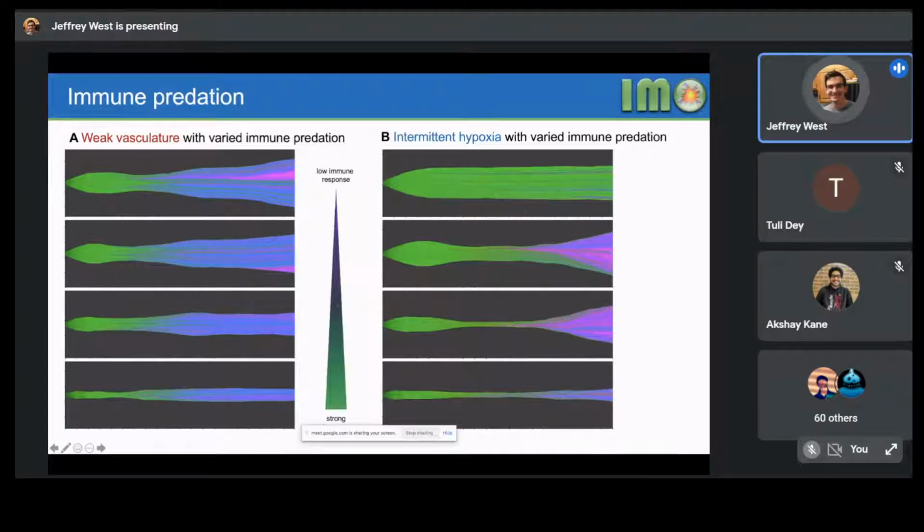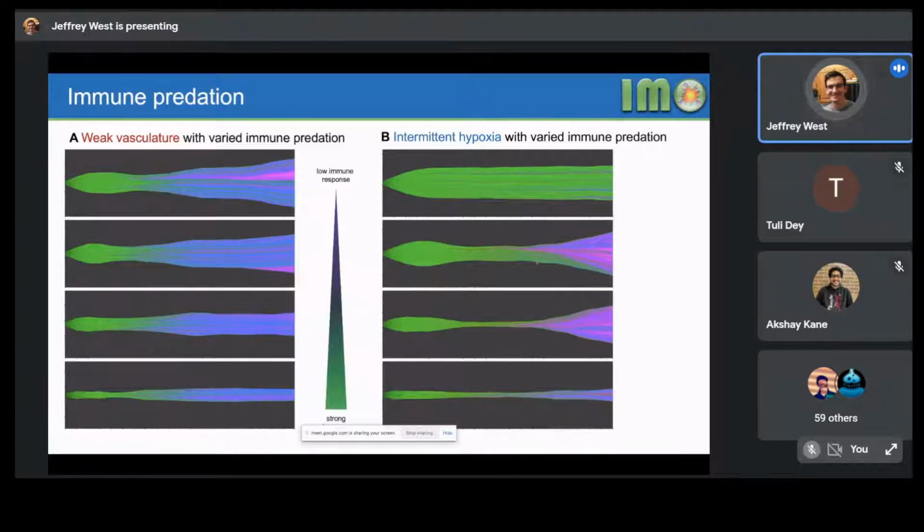On the right, however, if we add T cells, we can actually see that we select for increased evolution. So where there was very little evolution occurring without T cells, now there's a lot of evolution occurring with T cells. So we can call that an immune-mediated bottleneck. Essentially, the immune cells are the selection pressure acting on the tumor, and it's encouraging evolution to occur where it might not otherwise.